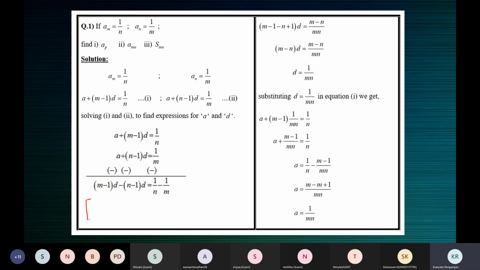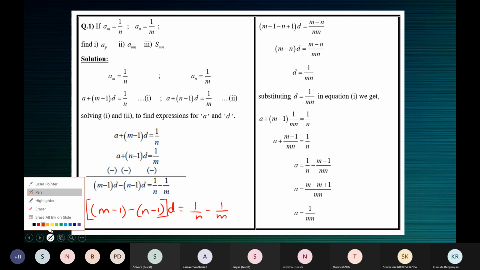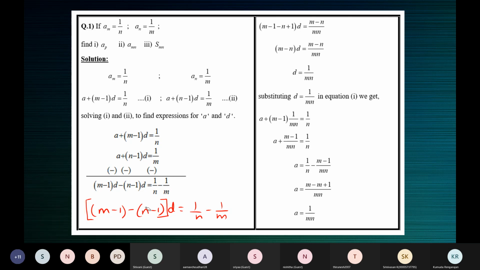Okay, so just open and close a square bracket. d is equal to 1 by n minus 1 by m. All right. So m minus 1 into d minus n minus 1 into d. You can also take the LCM here.